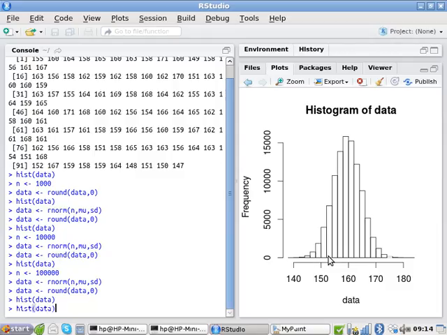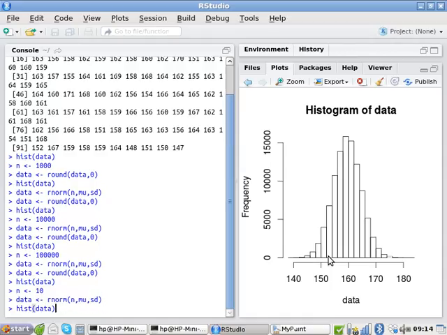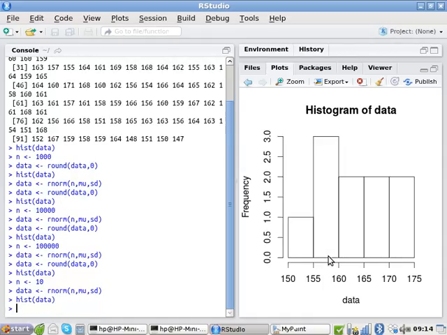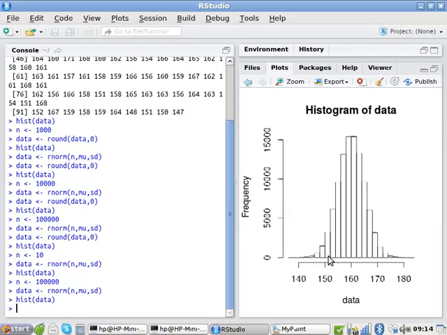So maybe we need to go back to the first one, for example, when I had 10. This is the shape when I had 10. And now let's go to 100,000. It's the shape of 100,000.